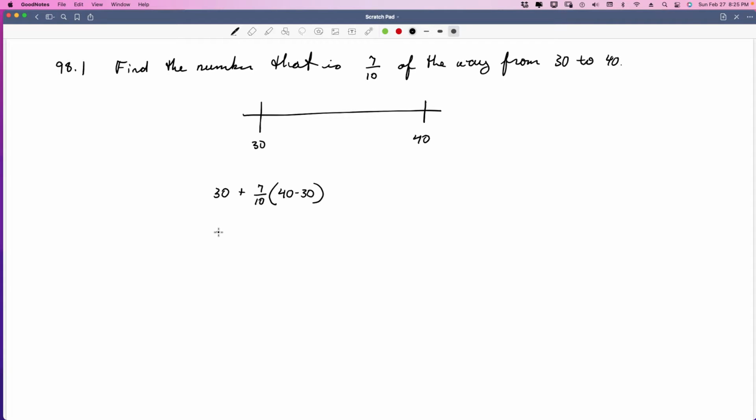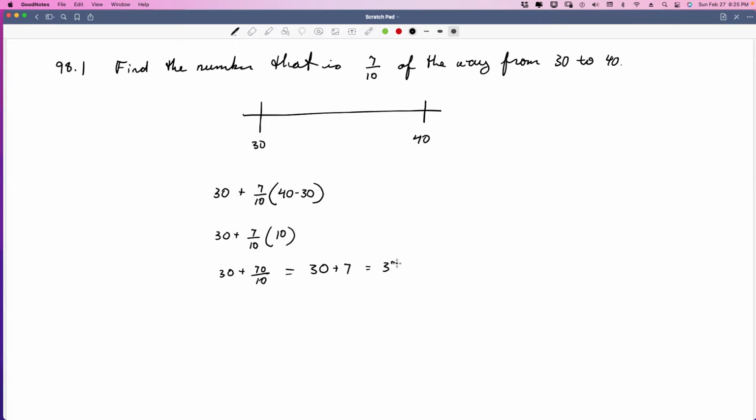All right, so 30 plus 7/10, and 40 minus 30 is 10. So when we multiply 7 times 10, we get 70. So 30 plus 70 over 10. When we reduce this, 70 divided by 10 is 7.